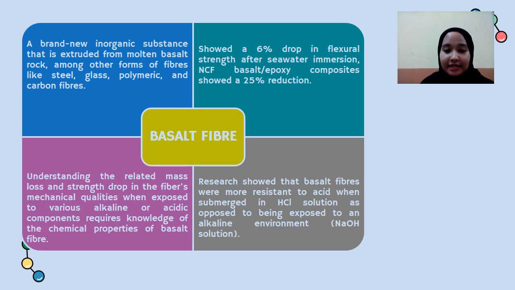Understanding the relative mass loss and strength drop in the fiber's mechanical qualities when exposed to various alkaline or acidic components requires knowledge of the chemical properties of basalt fiber. In the research, basalt fibers were more resistant to acid when submerged in HCl solution as opposed to being exposed to an alkaline environment, a NaOH solution.